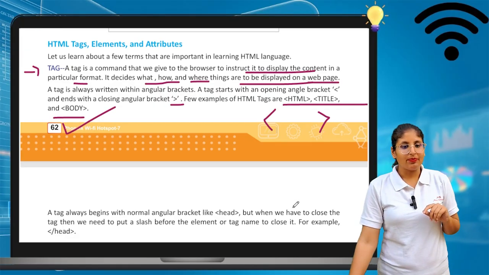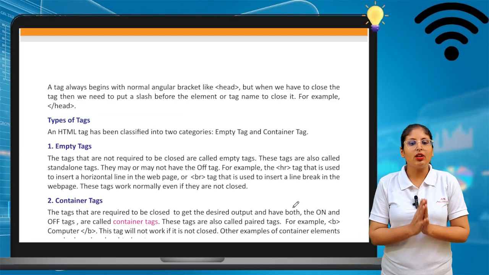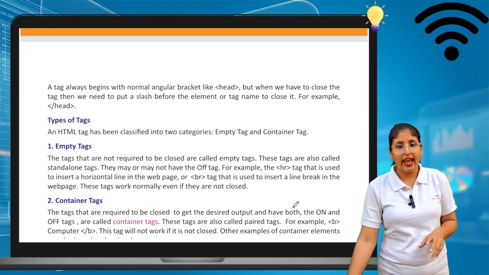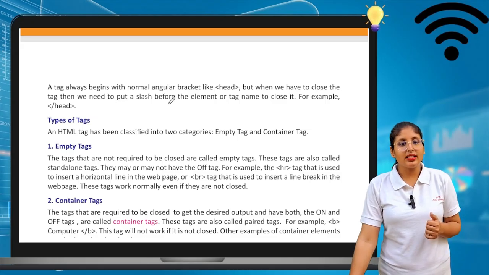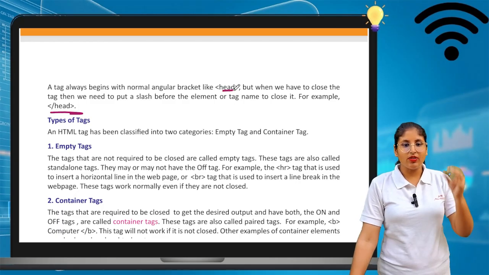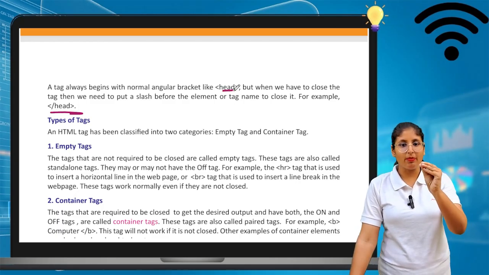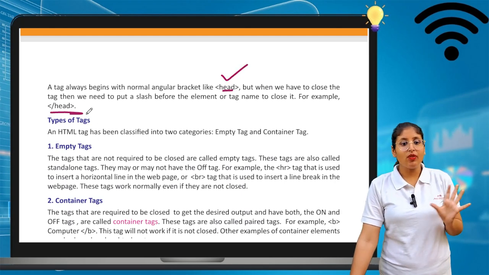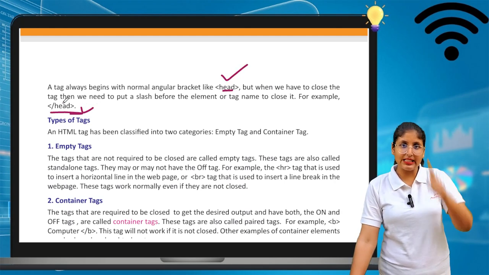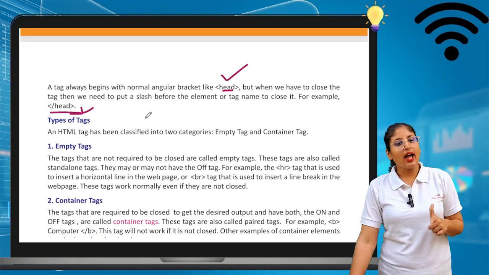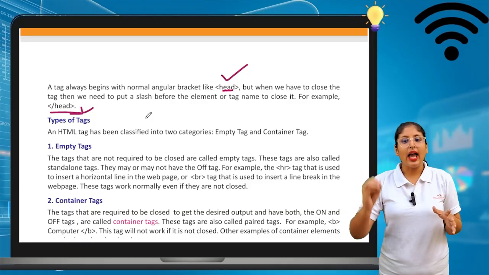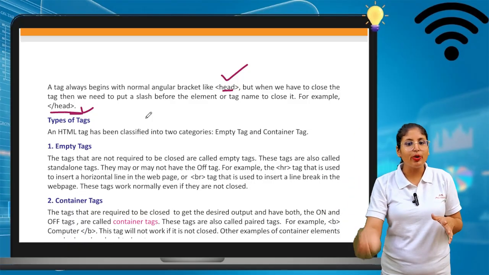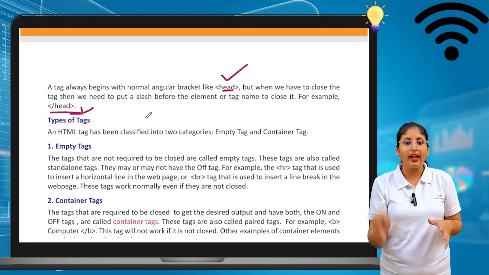A tag always begins with a normal angle bracket, like head, but when we have to close the tag, we put a slash before the element or tag name. For example, when we start an HTML program it starts with the opening tag, and when we want to close it, we use a slash.